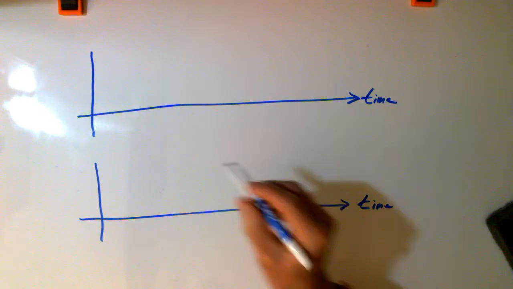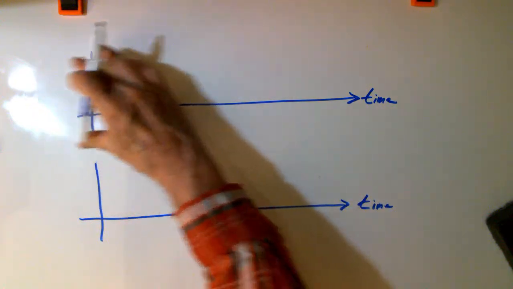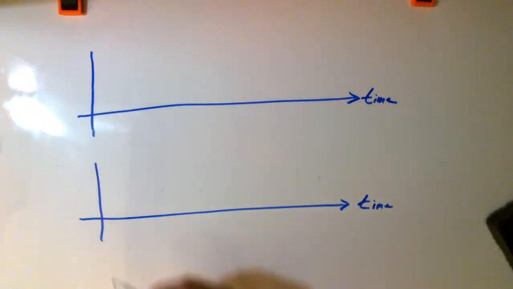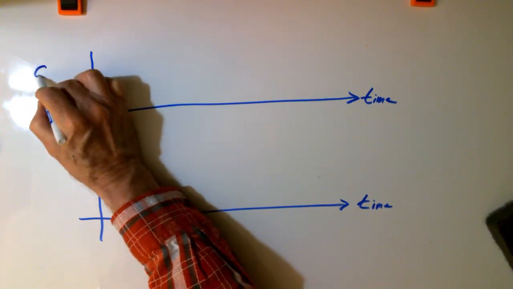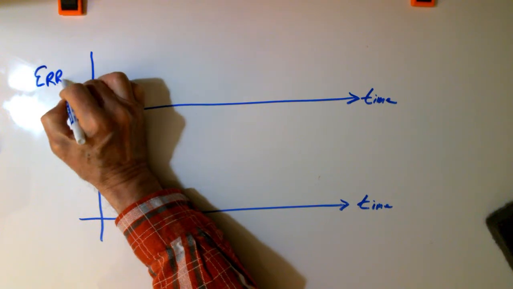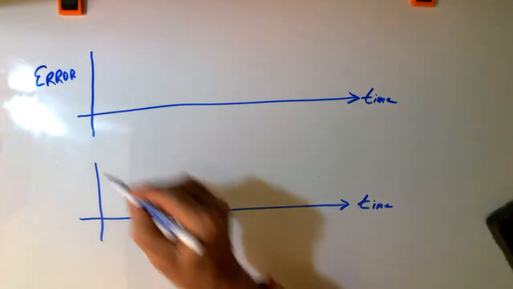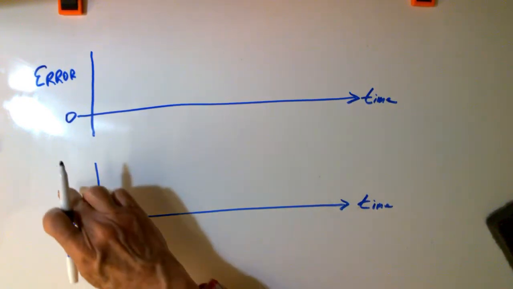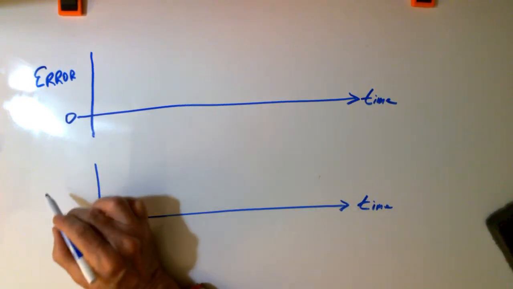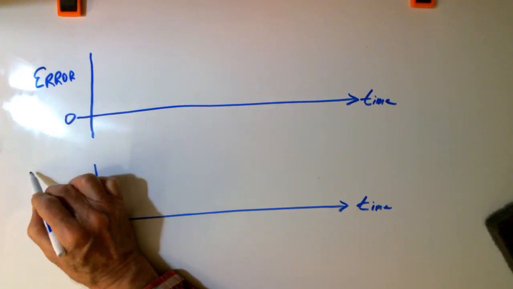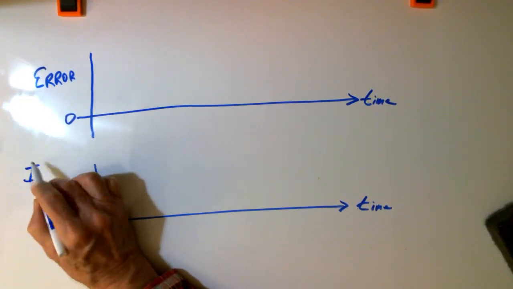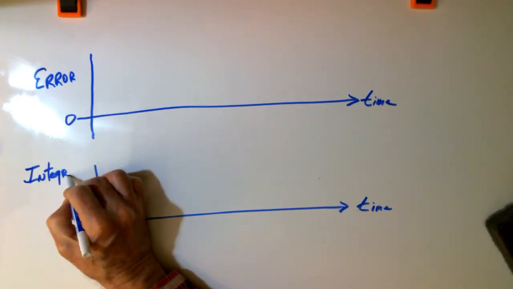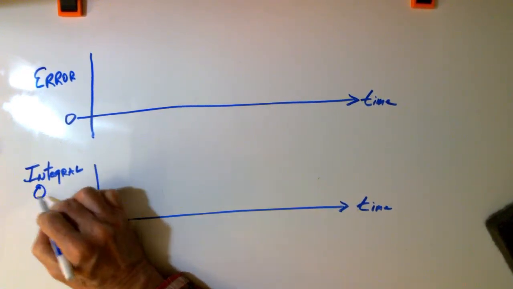What we will do is say this graph right here is going to be the error, with this being 0. And this is going to be the output of the integral, the integral output.